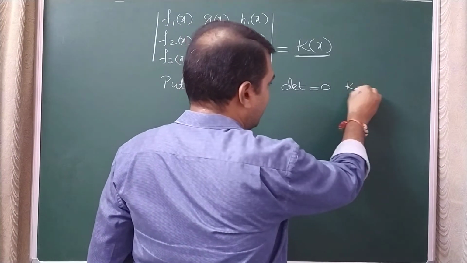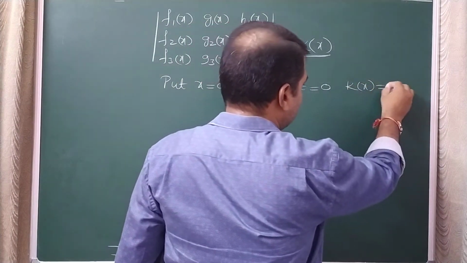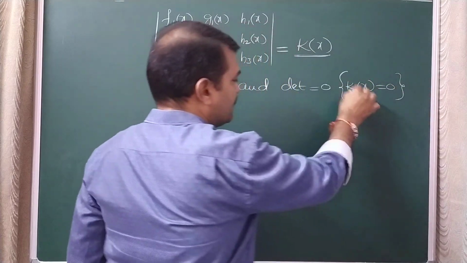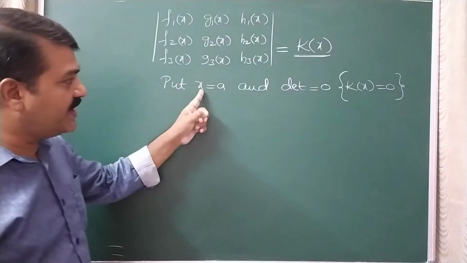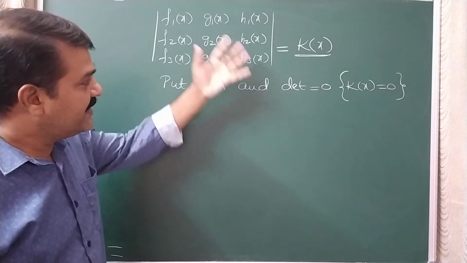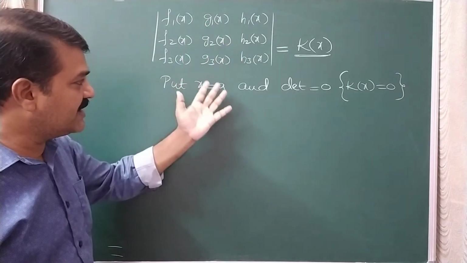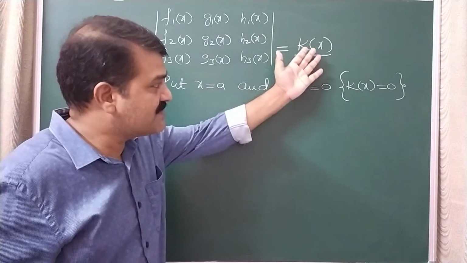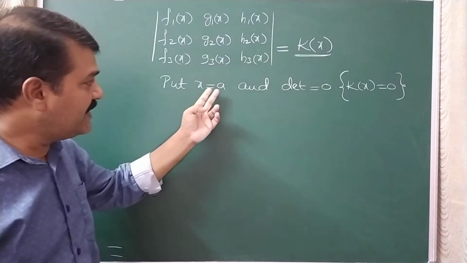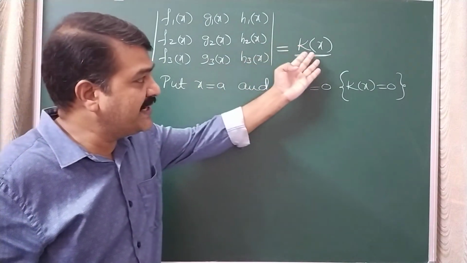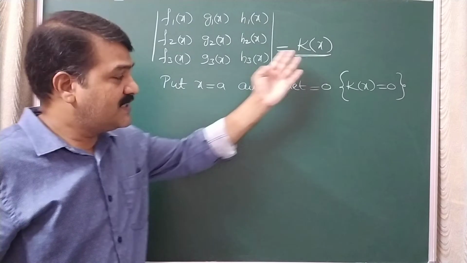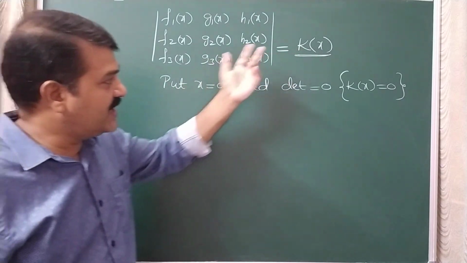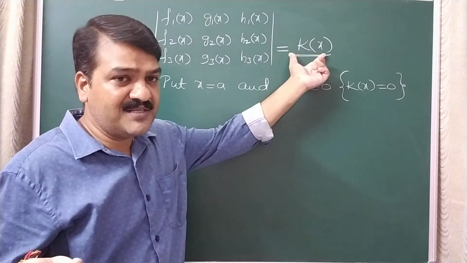That means if k of x becomes 0 when x is equal to a is substituted, if the determinant becomes 0, that means this k of x becomes 0. That means x is equal to a is going to be a root of this. By substituting x is equal to a, this is going to be 0 means that will be a root only, no?